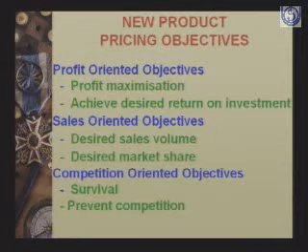If by producing more, the cost of production can come down, then you can go for a volume oriented pricing strategy, so that your cost of production also comes down and in the long term you will get the profits. Similarly, market share also increases. With the increase of the market share also, you can earn the profits in the long term.